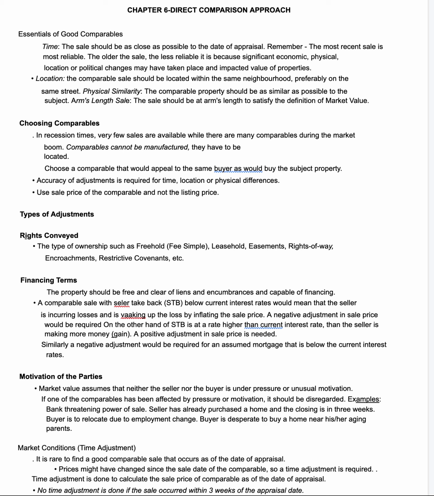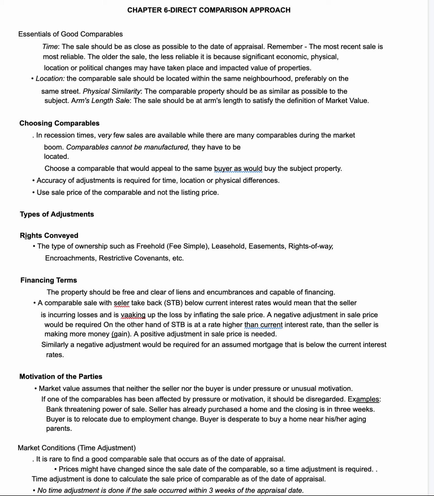The same applies to a comparable sold with the buyer receiving a mortgage at below market rates. In both of these situations, an adjustment may be warranted to take care of the difference between the subject valued as free and clear and the comparable reflecting non-typical financing arrangements.